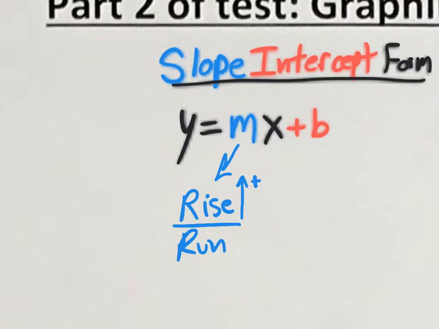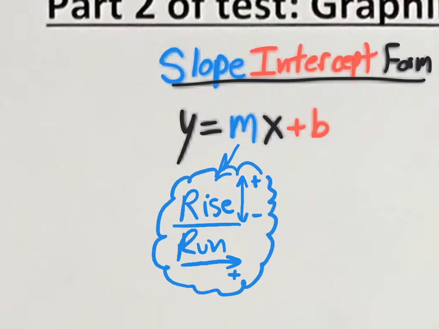But then again, the rise could also be going down if the fraction is negative. Okay, so keep that in mind. The rise could be positive or negative, but the run, we always want to look at it from left to right. We always want to look at it in the positive direction.